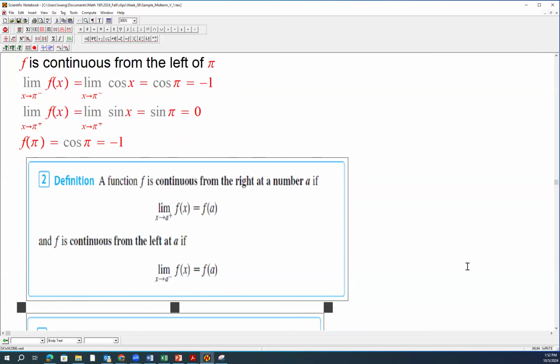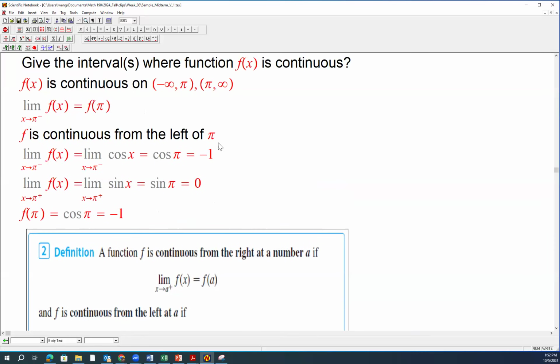What does this mean? F is continuous from smaller than pi. Therefore, the function is continuous from -infinity to pi, and the interval is going to be like this.